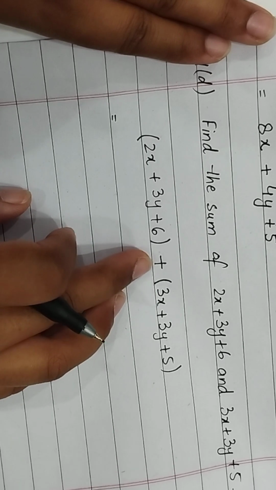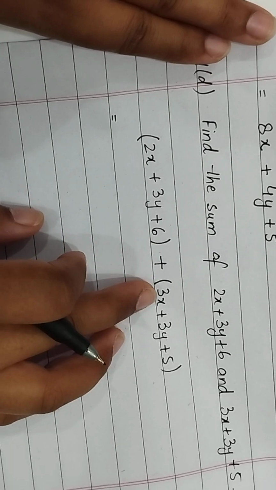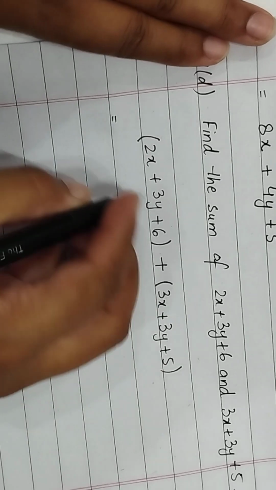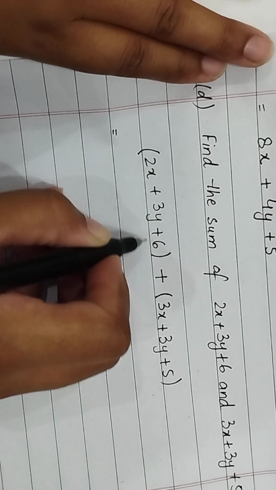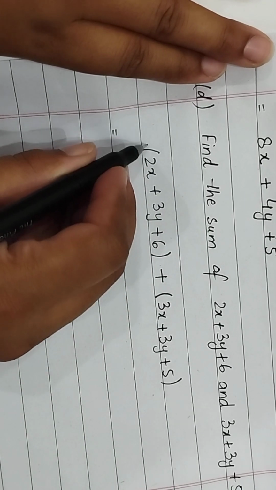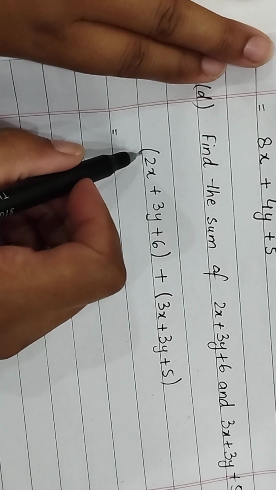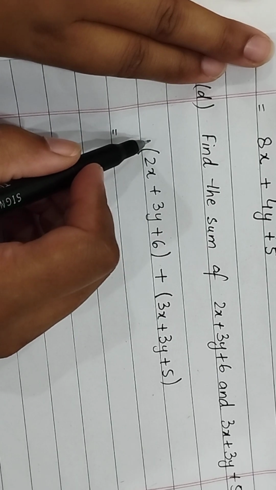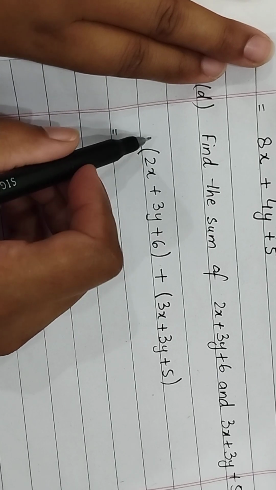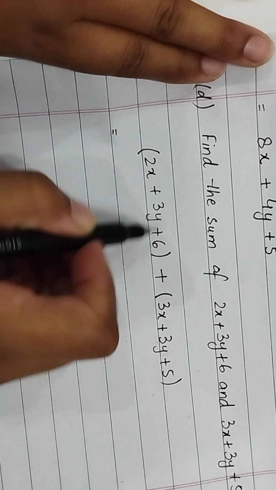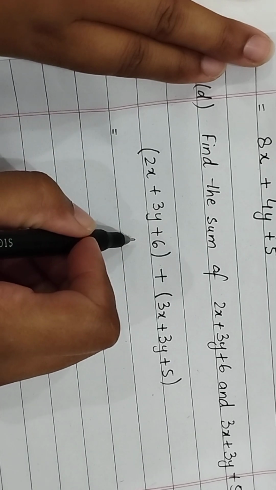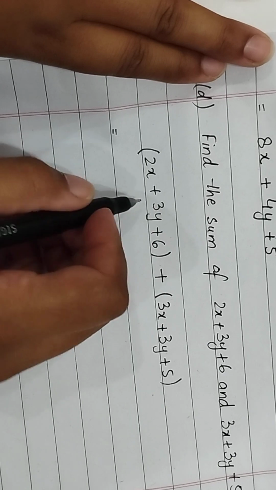What we are going to do, we are going to multiply this plus sign with all the terms here. So I'm going to remove this bracket over here because it also has a plus sign. I've already told you that if there is no sign outside the bracket, that means there is a plus sign. So I'm going to write these numbers, and when plus is multiplied by plus, there is no sign change and all the terms will remain the same.